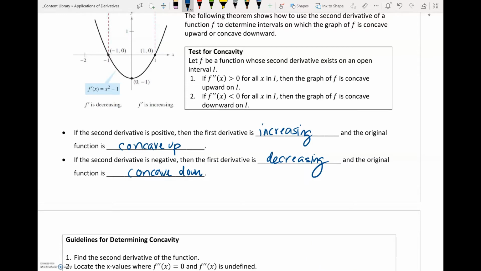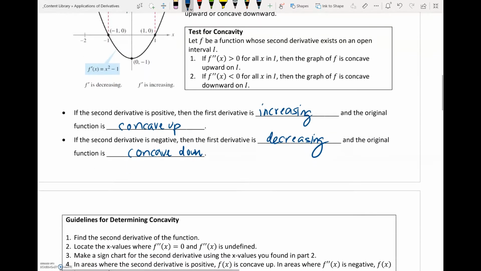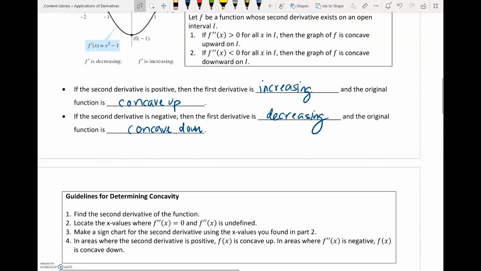So there are a few guidelines that you can use to help determine concavity. The first thing you're going to do is find the second derivative of the function. Then you're going to locate where f double prime is 0 and where f double prime of x is undefined. This is very similar to finding critical values.